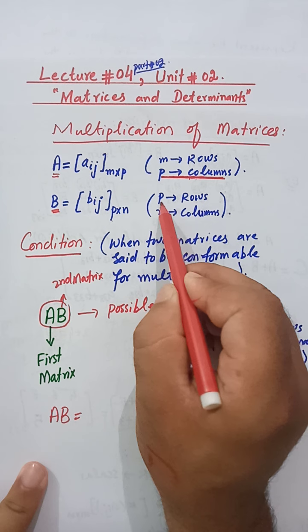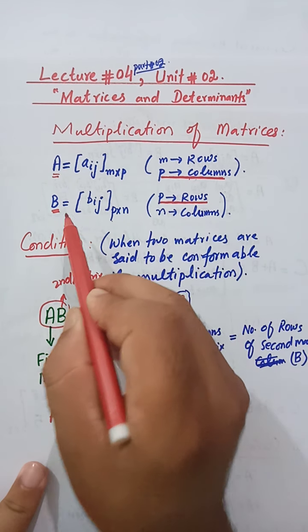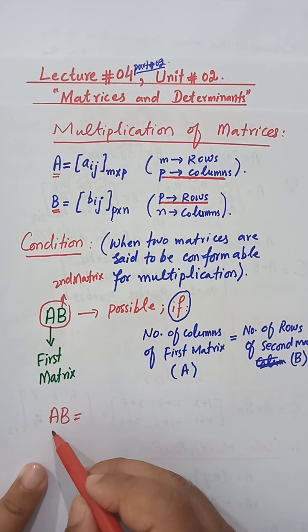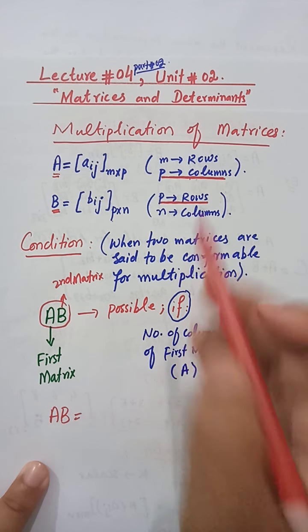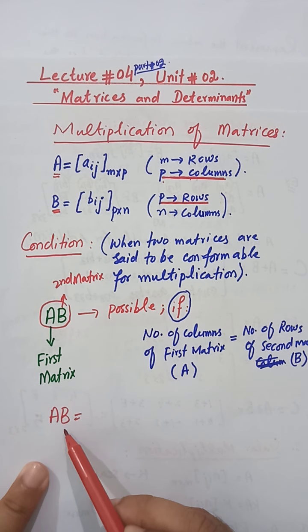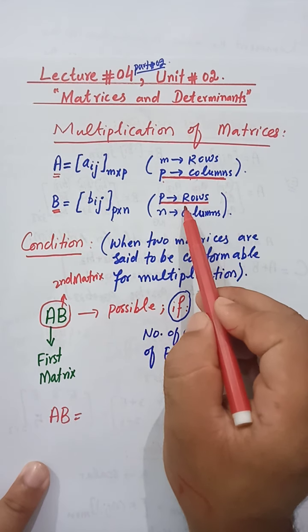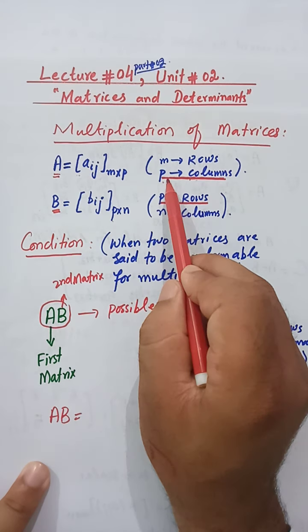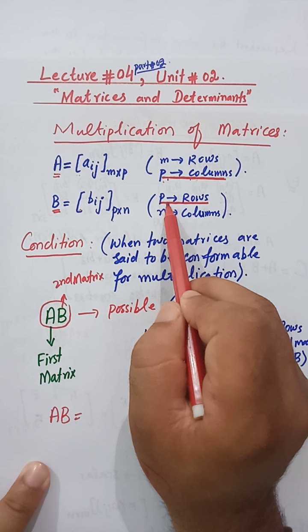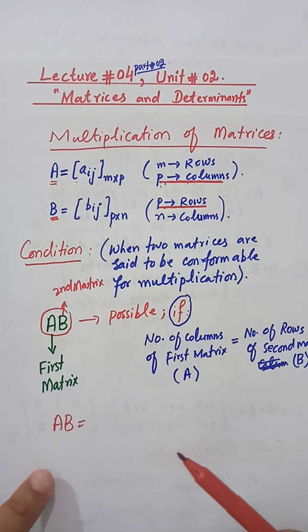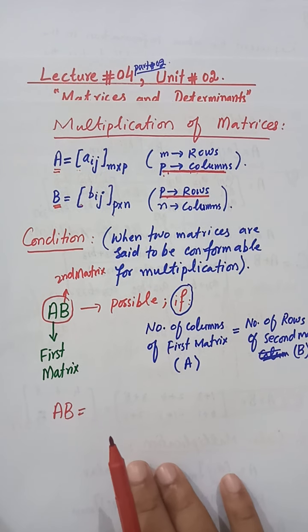So the number of rows in the second matrix is p. You see that the number of columns in the first matrix is p and the number of rows in the second matrix is p. So this is the condition for the multiplication of two matrices.